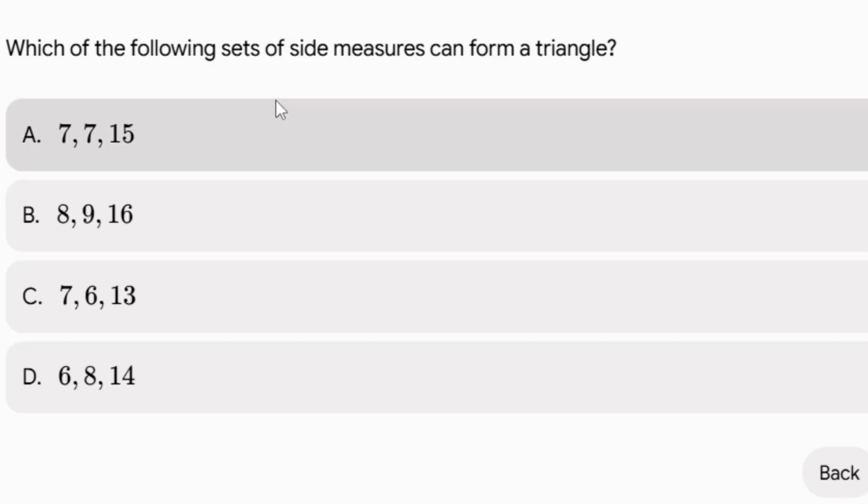Here side measurements are given. They asked which sides form a triangle. Whichever satisfies the triangle inequality property will be sides of a triangle, that is, the sum of any two sides is always greater than the third side. Here in option A, 7 + 7 = 14 which is less than 15, so it is not the sides of a triangle. 8 + 9 = 17 which is greater than 16. 7 + 6 = 13 which is equal to 13. 6 + 8 = 14 equal to 14. So option B can form a triangle.